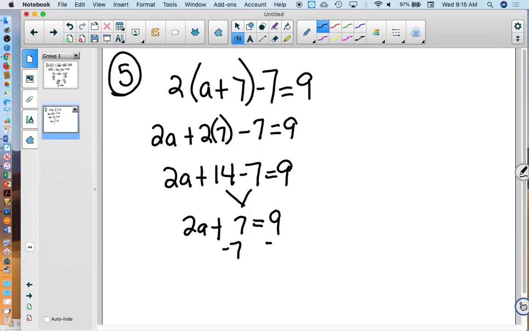Minus 7. That gives me, these two cancel out because they equal 0. 2A equals 2. So what is A? Divide by 2. A equals 1.